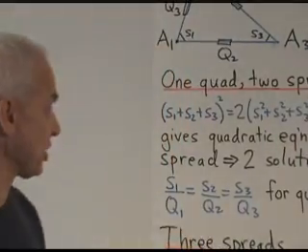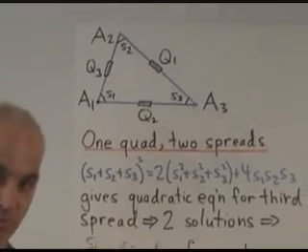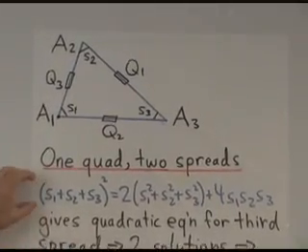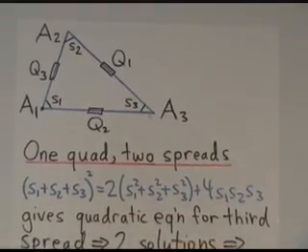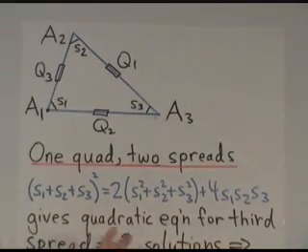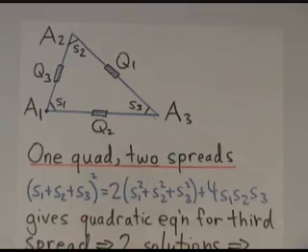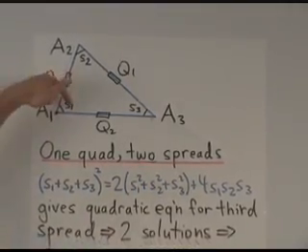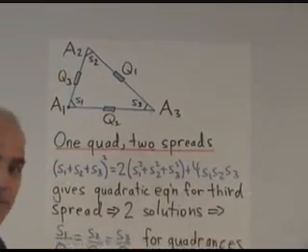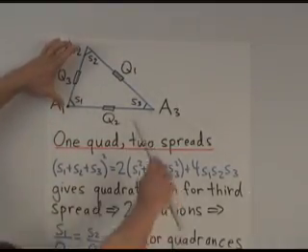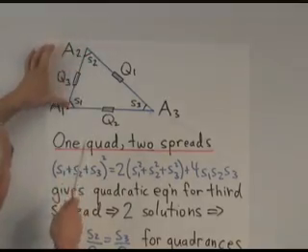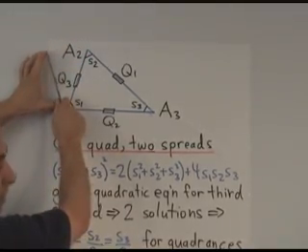The next situation is 1 quadrance and 2 spreads that we know. The triple spread formula is an equation involving all 3 spreads. If we know two of the spreads, then it's a quadratic equation for the third spread. So if we know S1 and S3, for example, then there are two possibilities for S2, again corresponding to either this triangle or the other one where this line is over here.